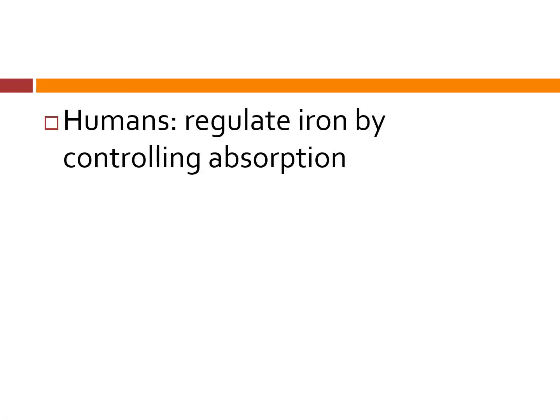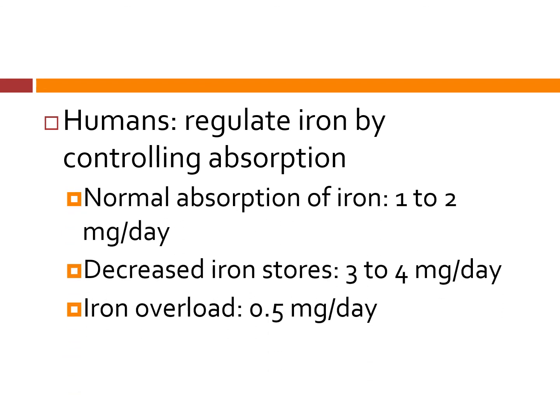So humans regulate iron by controlling absorption too. Normally, we tend to absorb iron 1 to 2 milligrams per day. If currently you have decreased iron stores in your body, chances are your body needs more iron. So that's why the body wants to absorb more.